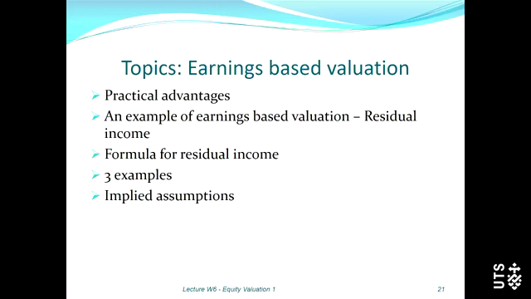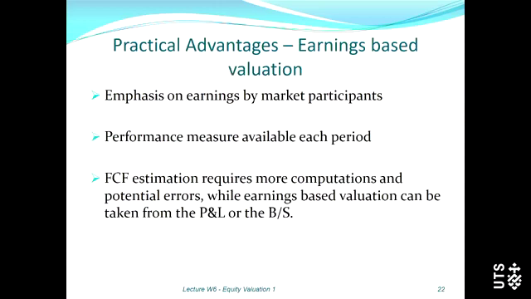But there's other ways of valuing firms, and we're going to look at one group of ways, which is using earnings for valuing a firm or the equity stake. So we will look at practical advantages. I will give you lots of disadvantages. We're going to specifically look at residual income valuation. We're going to discuss the formula, look at 3 examples, and finally discuss some of the implied assumptions.